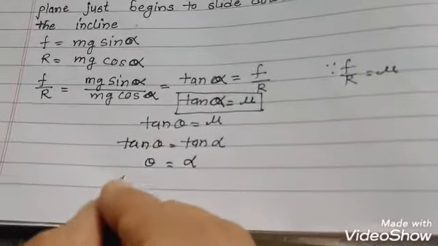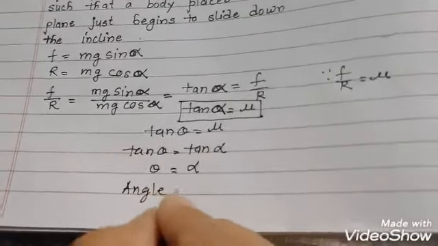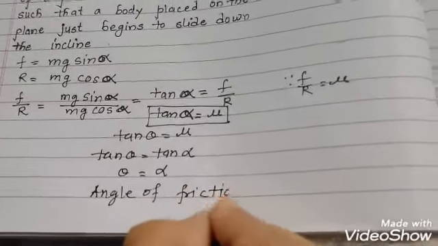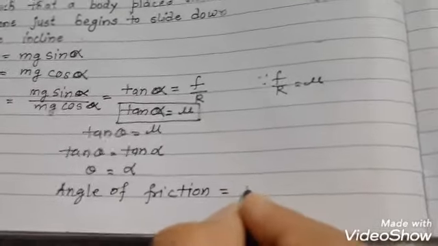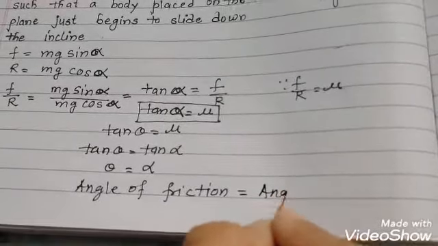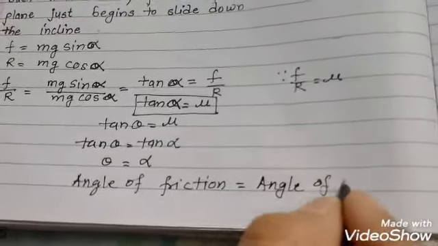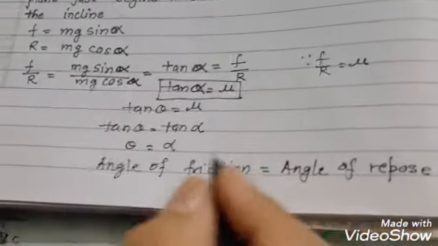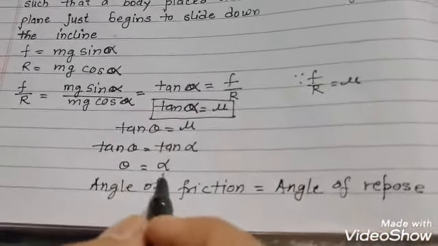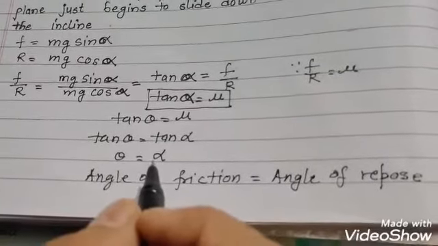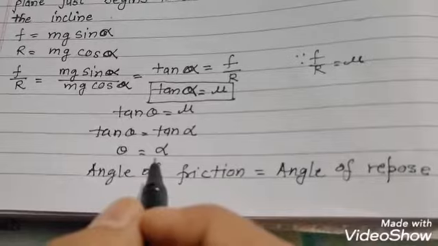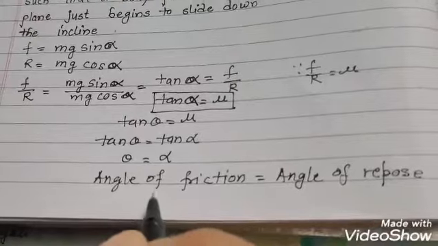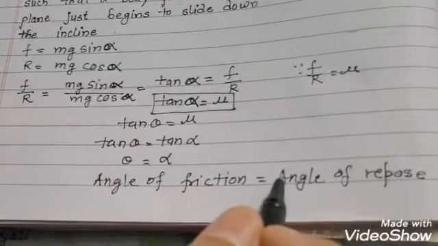So theta is the angle of friction, and alpha is the angle of repose. That means the angle of friction is equal to the angle of repose. That's why I have changed the symbol to alpha, taking alpha for the angle of repose, so that we can distinguish between the angle of friction and the angle of repose. So the angle of friction is equal to the angle of repose.